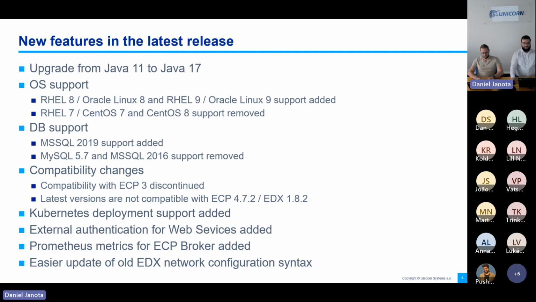EC Broker newly provides Prometheus metrics for its queues, and also made some changes in the EDX network configuration. So the handling of network configuration, the update of the syntax from the old one without domains to the new one with domains is much easier.